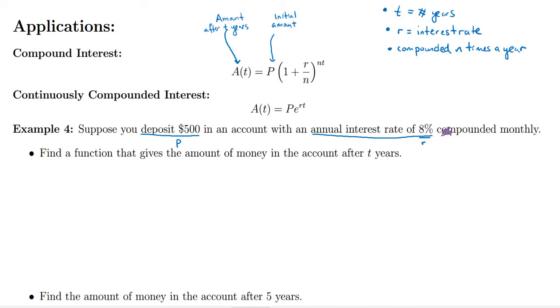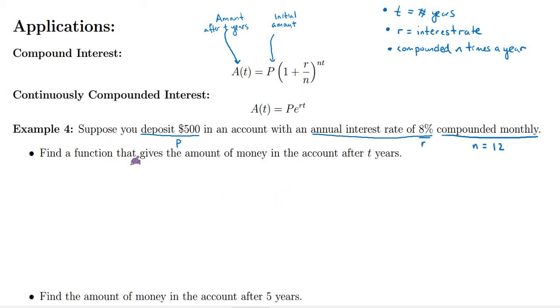And now it's telling you that it's compounded monthly, and that gives you n, right? n would be 12 because you're going to compound 12 times a year. Now, anything else we know right now? Well, we know the amount you're depositing, the interest rate, and how many times it's being compounded in a year. So at the moment, we just don't know what t is, but maybe that'll be part of the question.